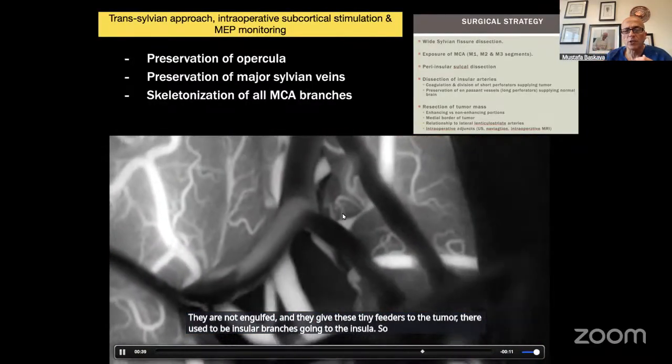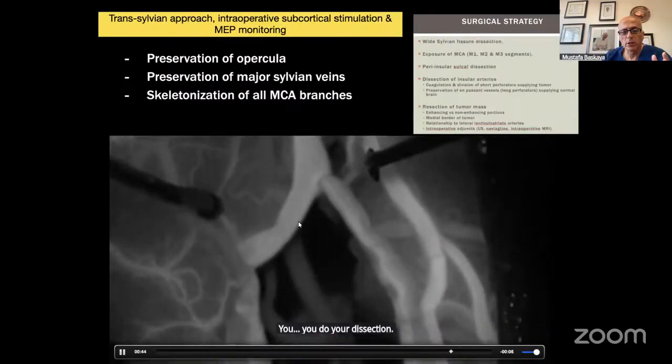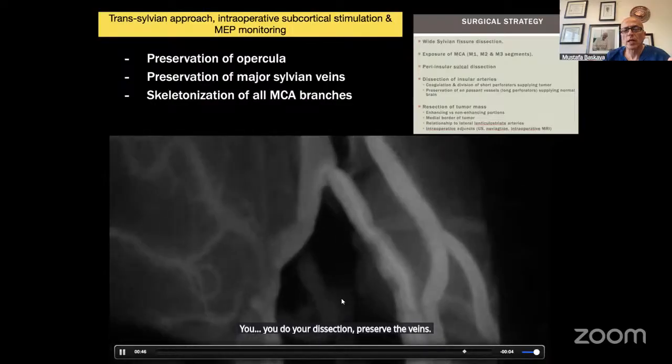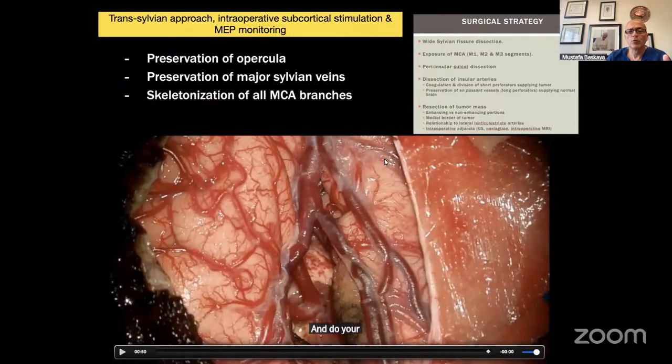So you pay attention, you do your dissection, preserve the veins, preserve the arteries, take the feeders one by one, and so you don't need to do any transcortical approach. And all the veins are preserved. Okay, and you remove the tumor. You don't remove the normal brain.